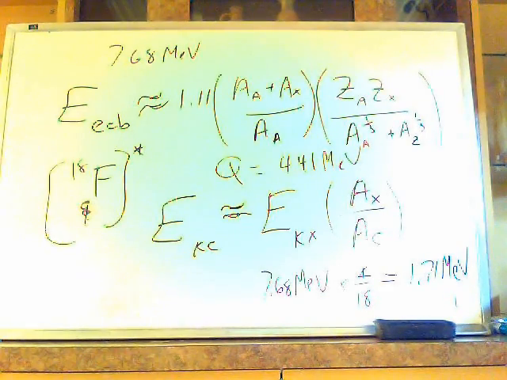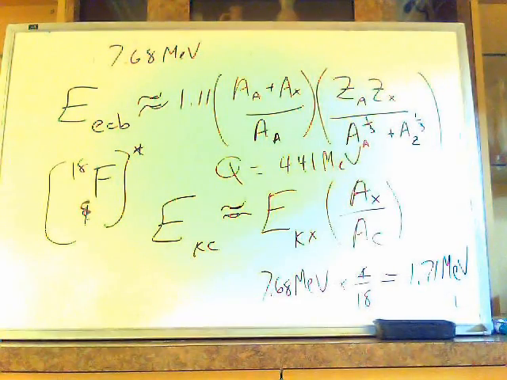If we do all of that, we find that the overall energy is 10.38 million electron volts.